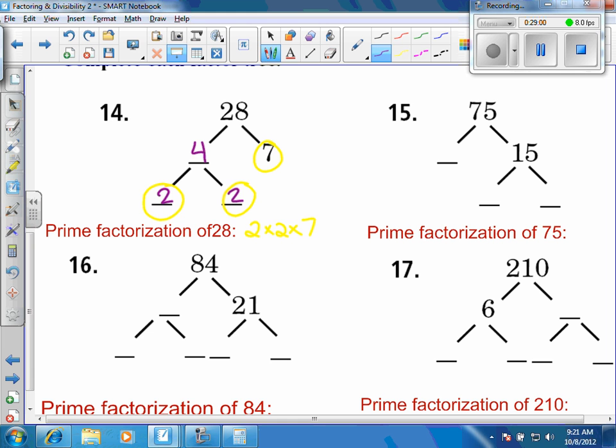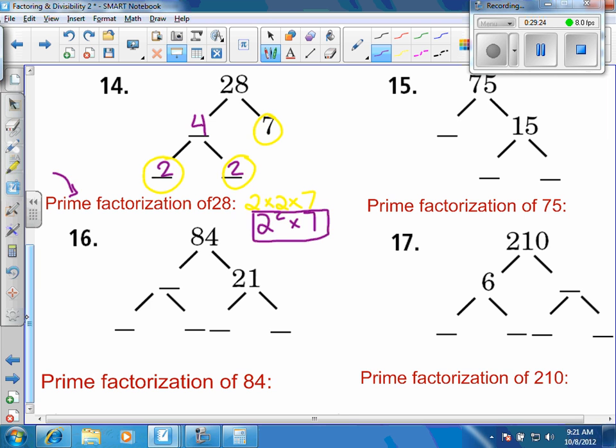What's the exponent form? Yeah, Nick? 2 to the second times 7. Perfect. That's your final answer. Okay, you understand that section? Yeah? So go to the next slide.